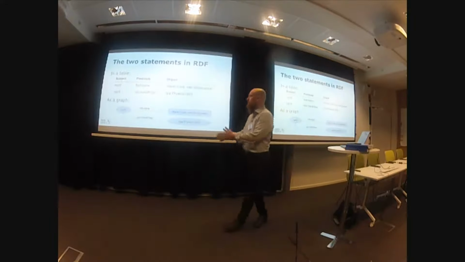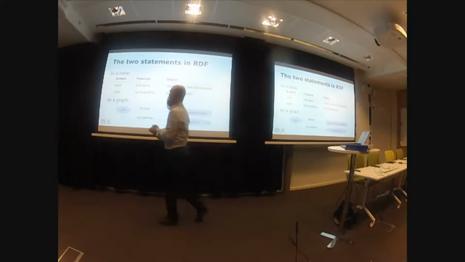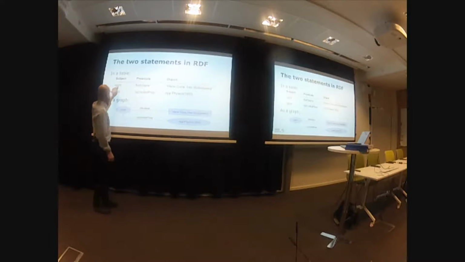So, let's be practical. We want to state two things. First, we want to state that the identifier for Marie Curie has a name. In the rest of the slides, I've changed it to RDFS label. I see there's a discrepancy here, but actually, in the graph, both are expressed, but you can think of it as RDFS label here.